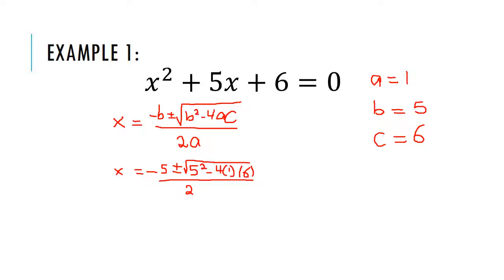Now, you don't even have to do the calculations under the square root. All you need to do is to put all these numbers under the square root in the calculator and find the value.